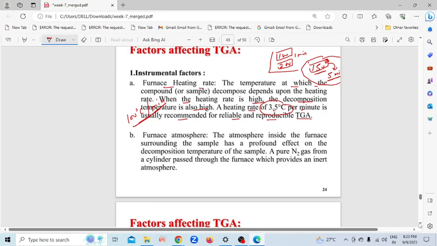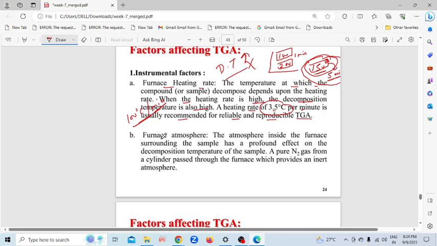So the consequence of this phenomenon is that your decomposition temperature will be higher, which is not correct. Actually it is 150 only, but you can get higher, it will be 250 or 300, whatever. So this is not an accurate way. So the heating rate should be optimized correctly.